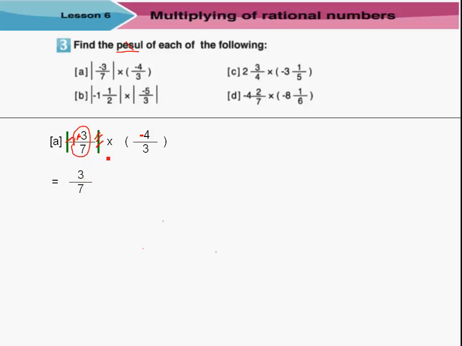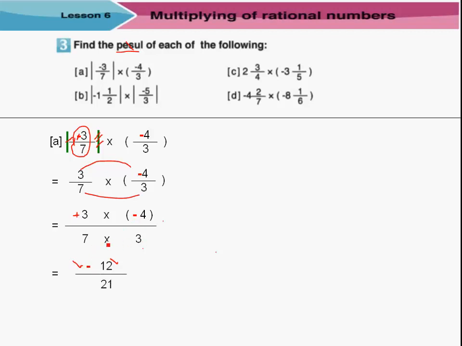So 3 over 7 times minus 4 over 3. It became very simple: 3 times minus 4 and 7 times 3. 3 times 4 is equal to 12, and plus times minus is minus. So you have to write minus here. 7 times 3 is 21.